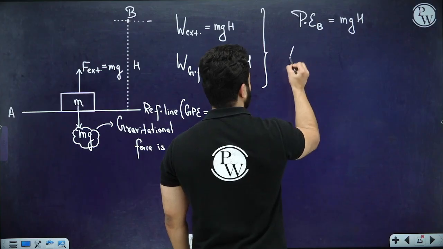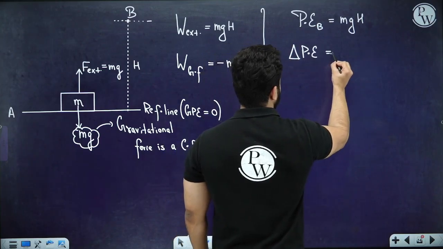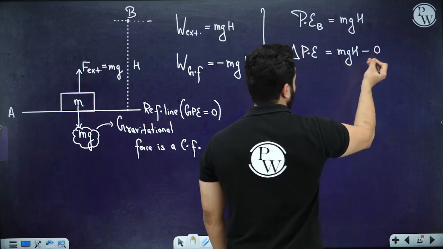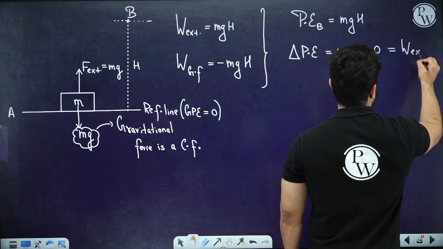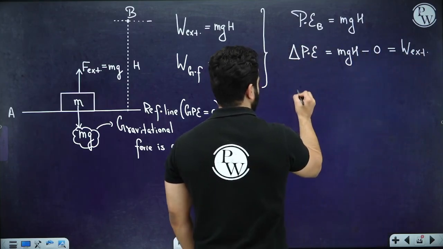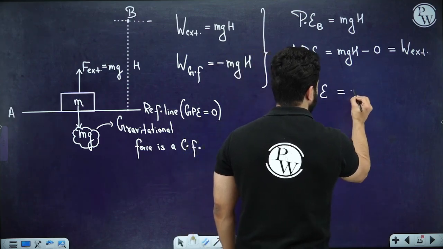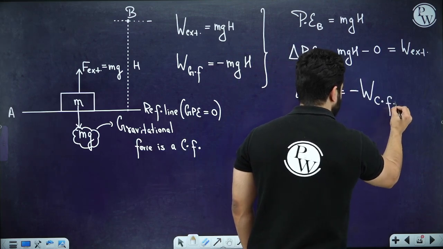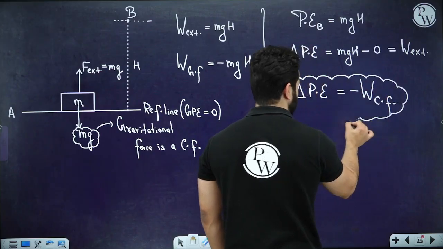If you closely see, the change in potential energy is actually mgh minus 0, and that is equal to the work done by external force. Also, change in potential energy is equal to the negative of the work done by conservative force. Now these things are very important to remember and easy to understand, right?